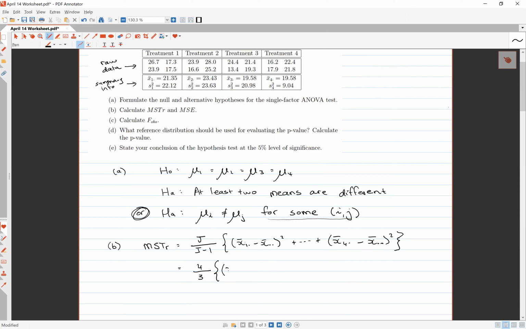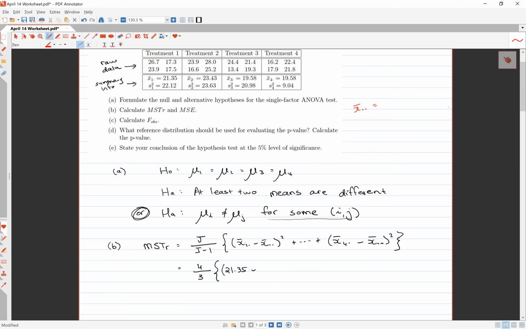And now we're taking each group average, and we have to subtract the global average from that. So we need to find the global average. Now again, if you're working with the raw data, you'll sum all of the raw data values together and divide by 16.